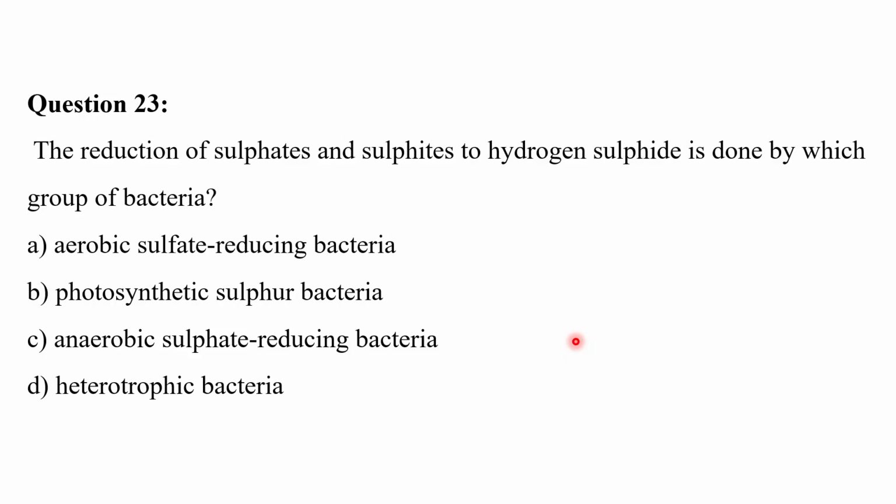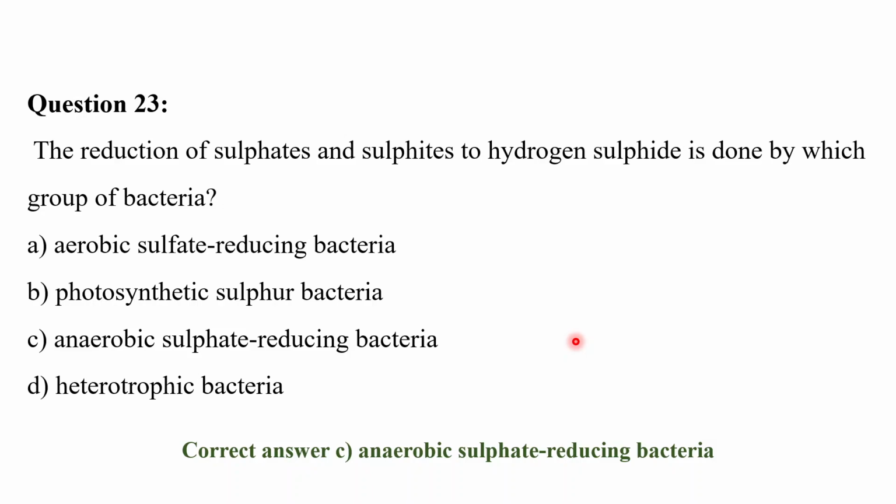You are right. So you had seen in the Winogradsky column, the sulfate reducing bacteria were there at the end of the column, and they were reducing the sulfates ultimately to sulfides, and that is combining with the hydrogen to make hydrogen sulfide.